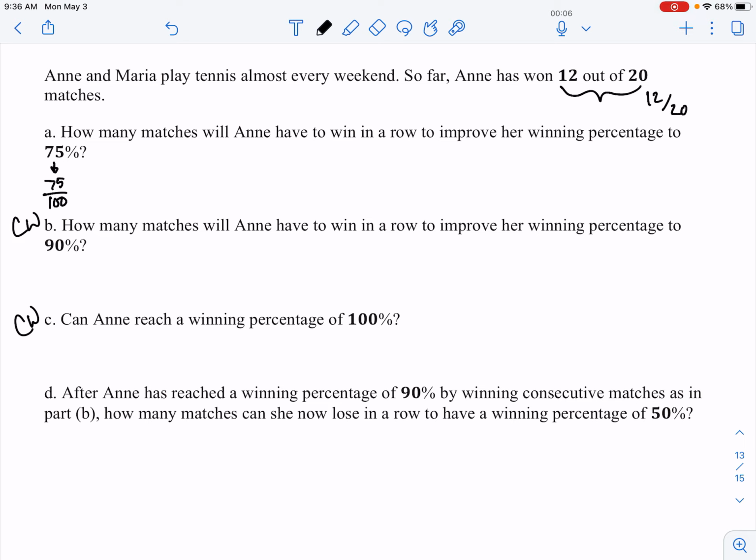So far, she's won 12 out of 20. How many matches will she have to win in a row to improve her percentage to 75? So 12 out of 20 plus what gets me to 75 out of 100?